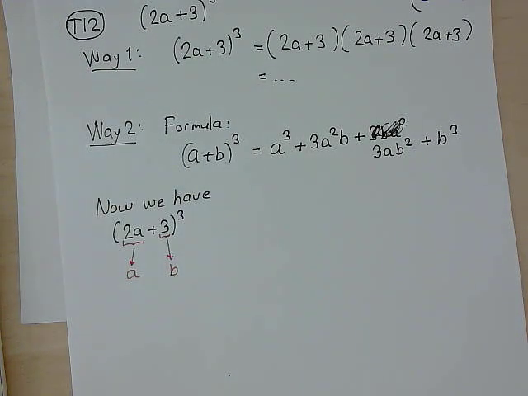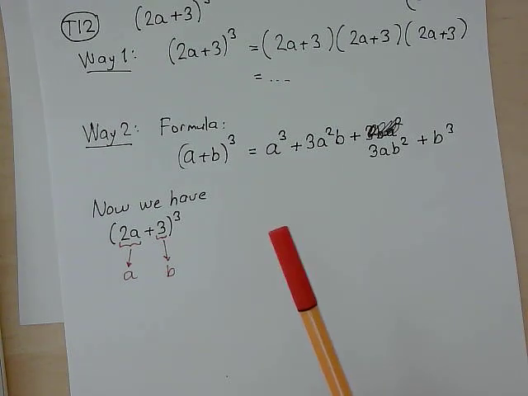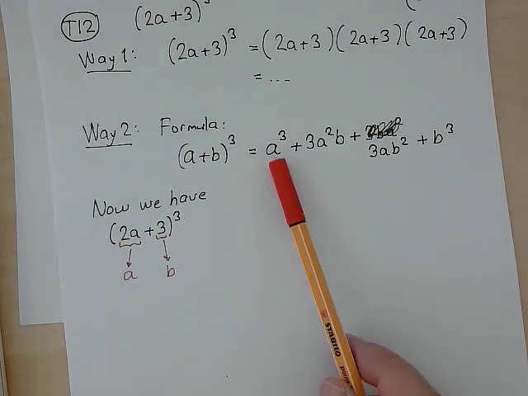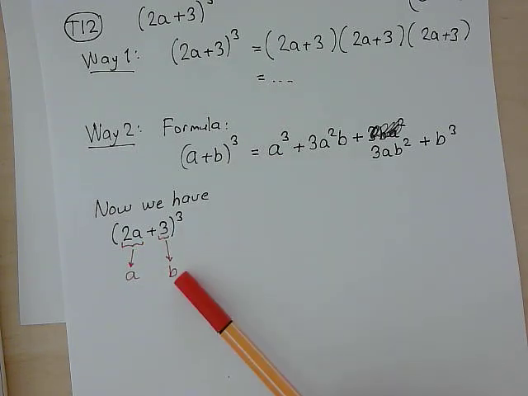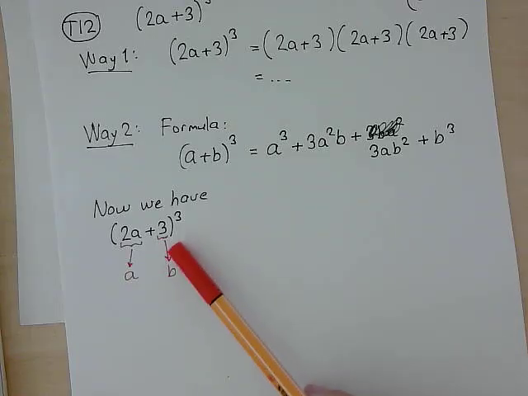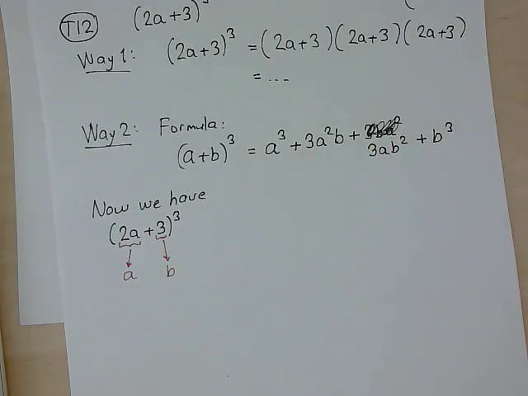So all we have to do is change so that when in the formula we have a, we put 2a in that place, and if we have b in the formula we put 3 instead.